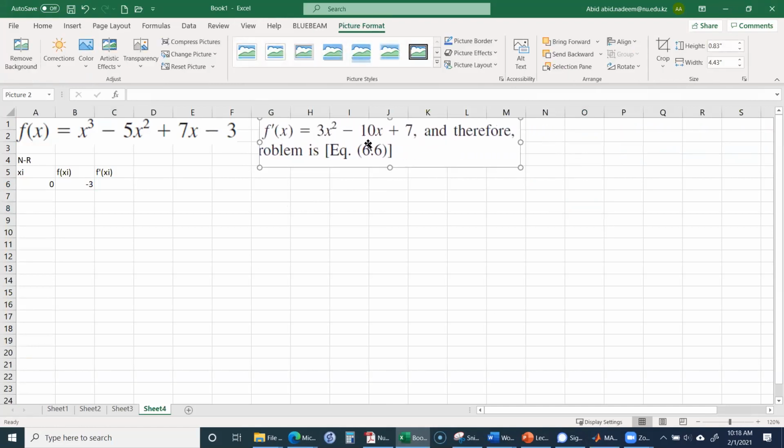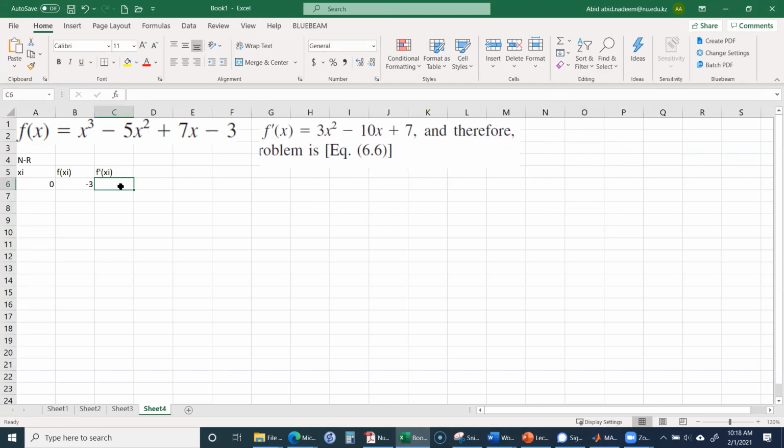So it is equal to 3 times x square minus 10 times x plus 7. So this is f prime of xi for the Newton-Raphson method, the NR method.